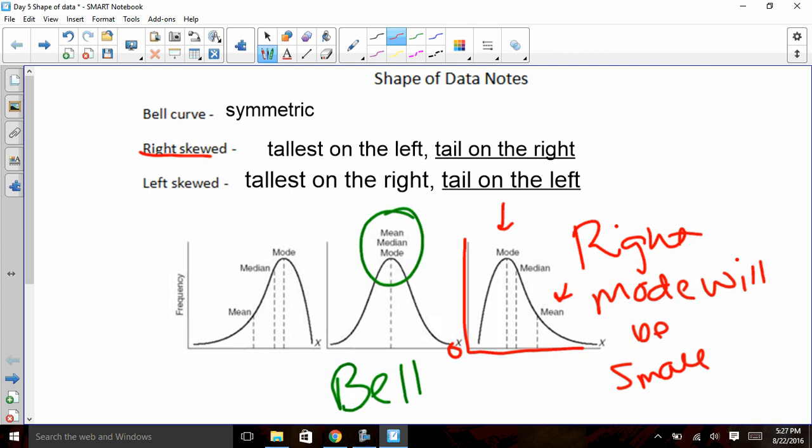Your average will be quite large, though. The reason being is you have a lot of little numbers being added together and then divided by 2. When you have a lot of little numbers being divided by 2, you're going to end up having a larger average, which is why your mean is going to be so large.